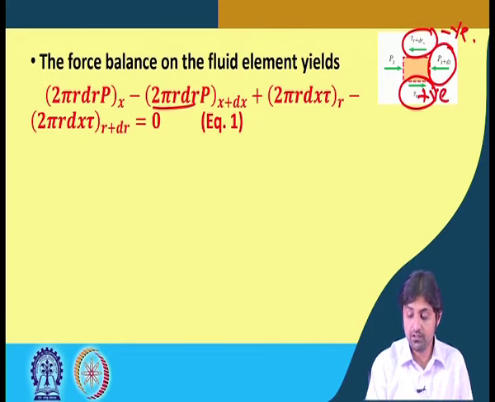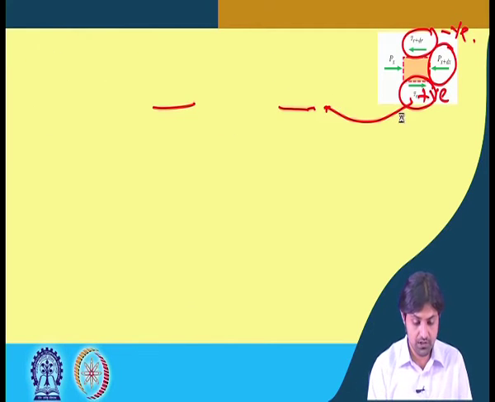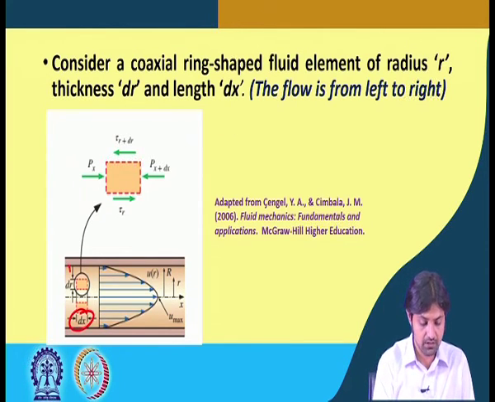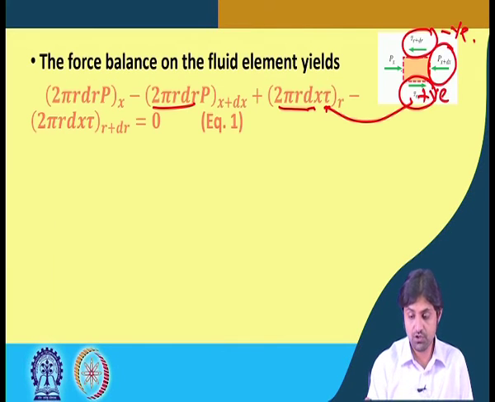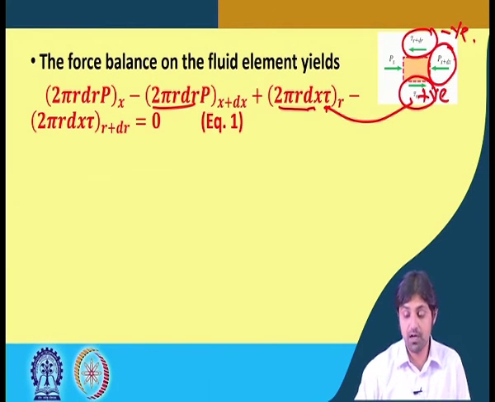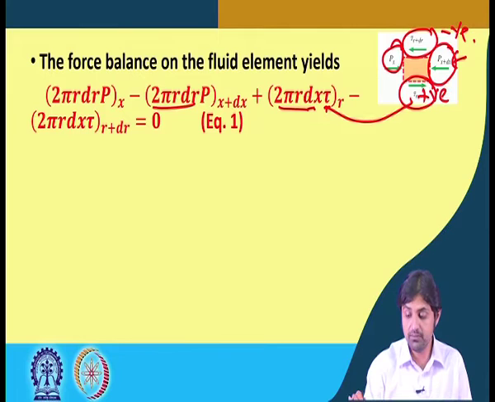Again this is a shear force. So we have multiplied this tau here with 2 pi r dx, because this is the length over which it is acting. If you see, this was dx and this was dr. So multiplication of dr was done for the pressure forces. However, multiplication with dx will be done for the shear stresses.